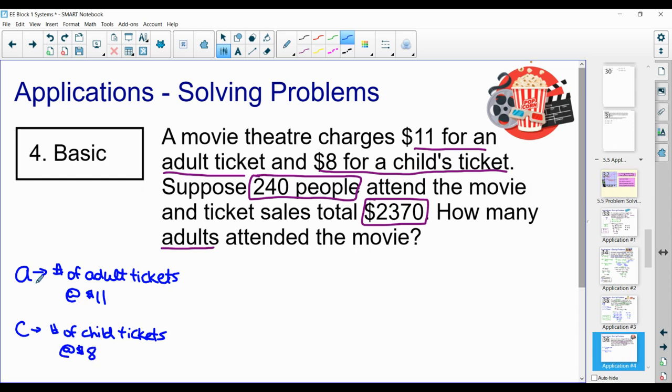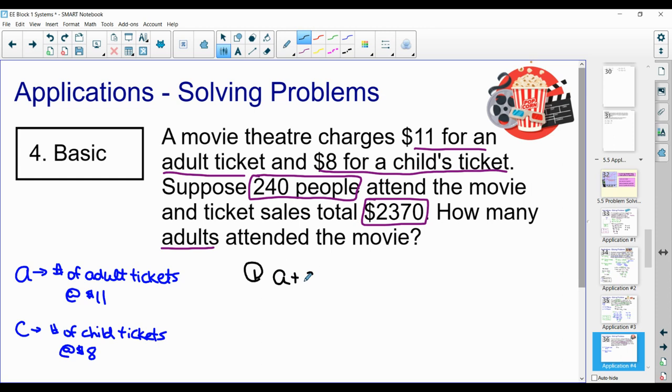So once we have those, we're going to set up our equations. Now, going back to our last example, we try to keep the values with the values and the numbers with the numbers. Well, we know that there are $11 for an adult ticket and $8 for the child's ticket, so that's going to relate to the $2,370, and the 240 represents the number, or the amount. So our first equation is usually the easiest one to set up here.